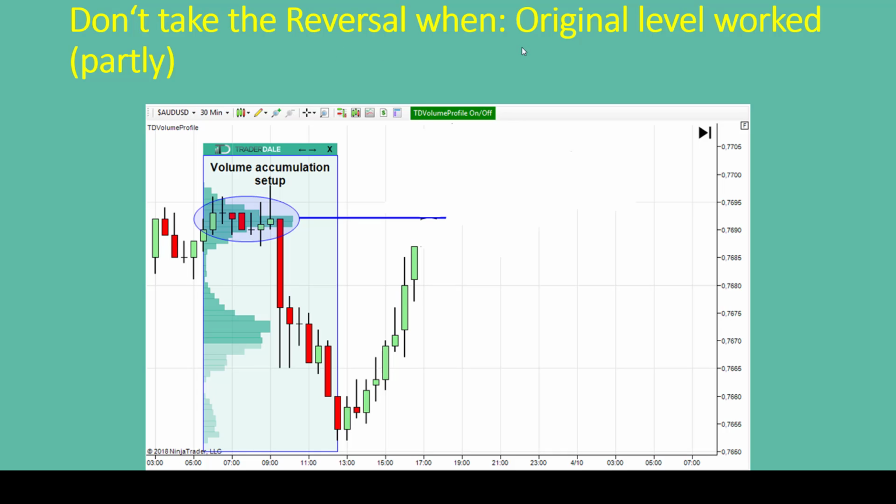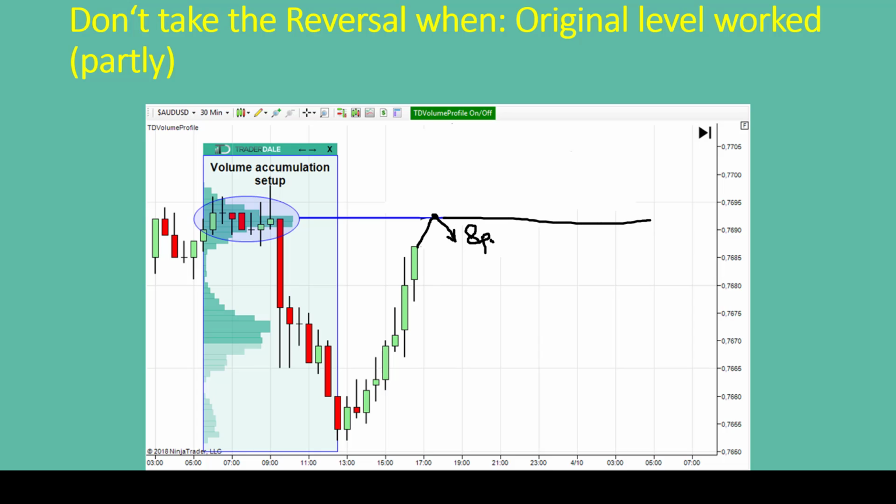Alright? The next rule is pretty similar. Don't take the reversal when the original level worked partly. This means that there was sort of a reaction to the level. It wasn't really significant. Let's say that it was, for example, just 7 or 8 pips. But still there was a reaction to the level.